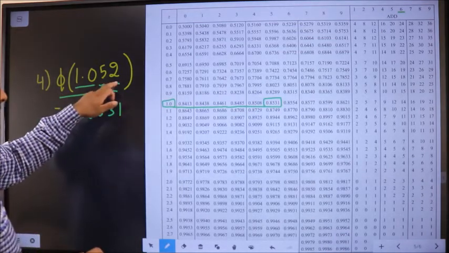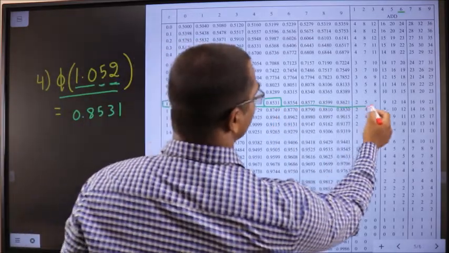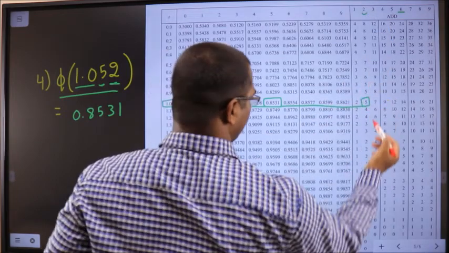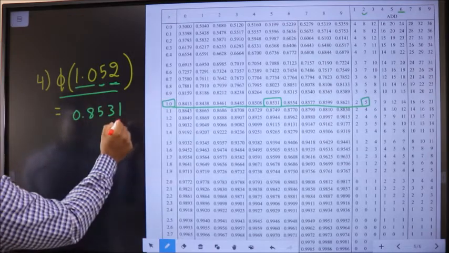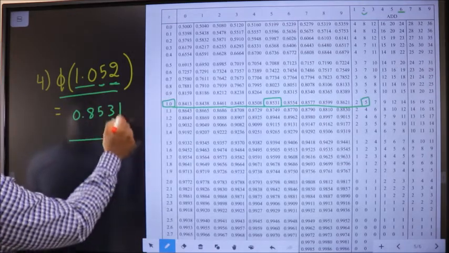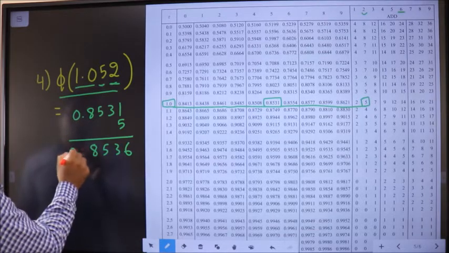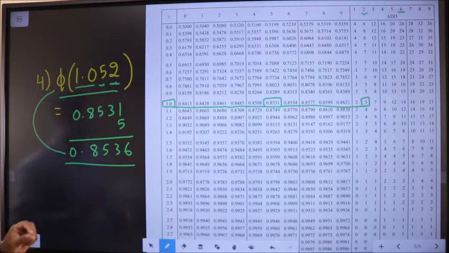What is the next decimal? 2. So continue in the same row. See, 2 is here. We have a number 5. This 5 you need to add to the last decimal. So 1 plus 5, 6, 3, 5, 8, 0. So this is equal to 0.8536.